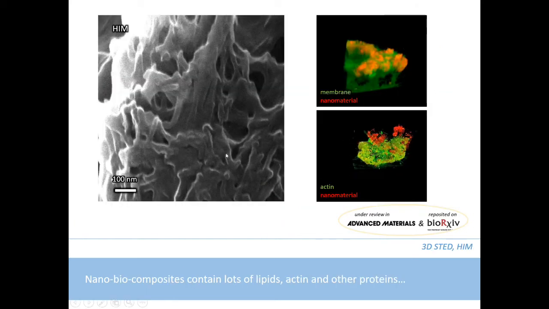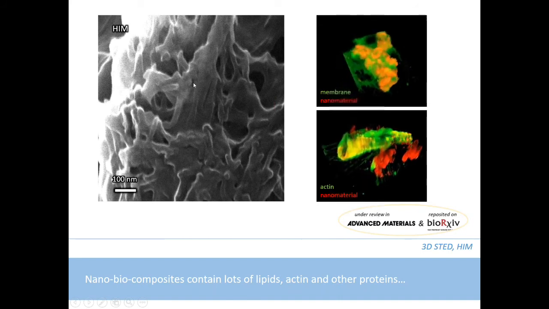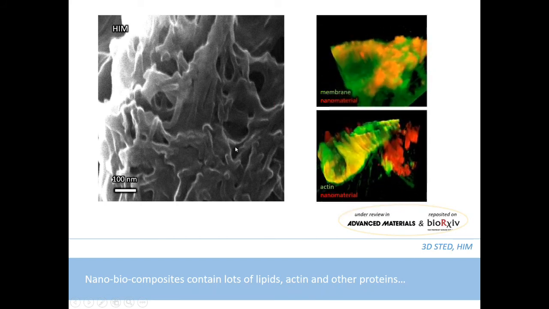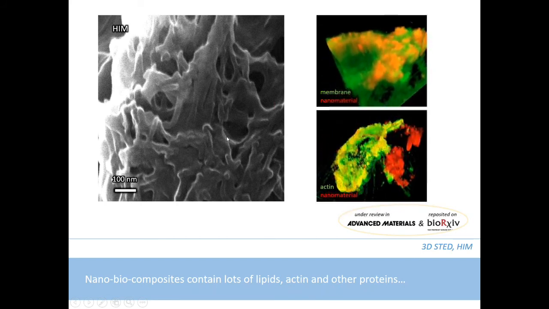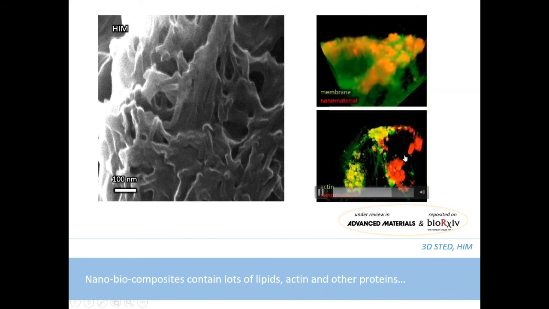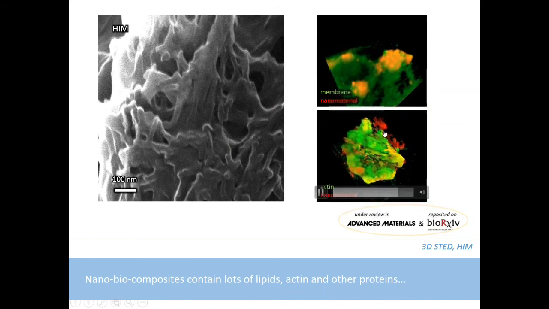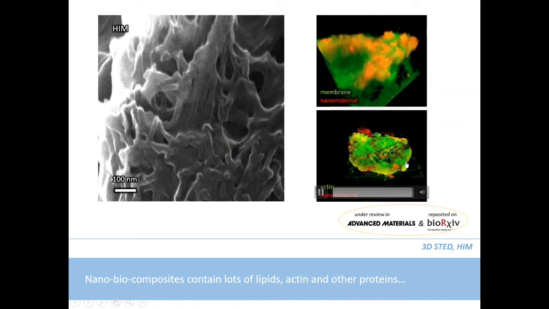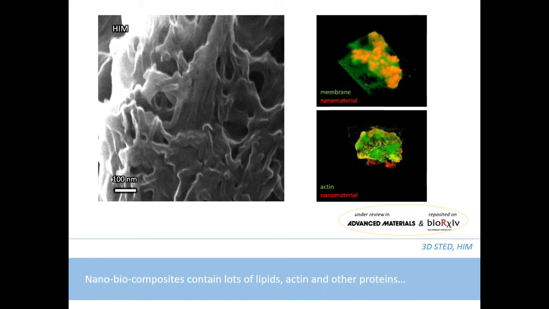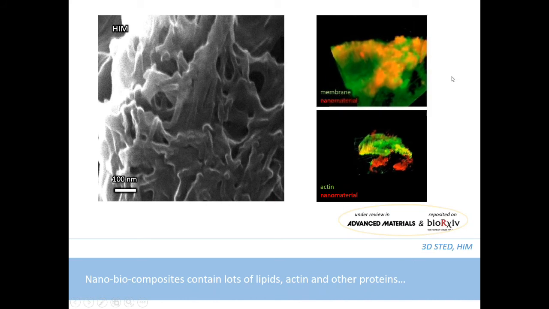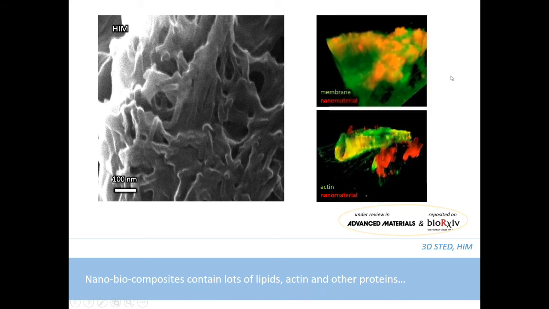Here is high-resolution microscopy of both of the surface. You can see that biomaterial is glued on top of the nanomaterial. And here are two 3D images from high-resolution fluorescence. The lower one shows coexistence of actin fibers and nanomaterial. Be careful, this is already outside of the cell, and here are membrane and nanomaterial at the same outside.